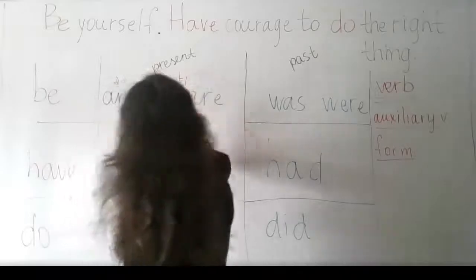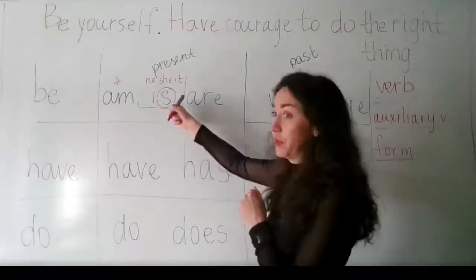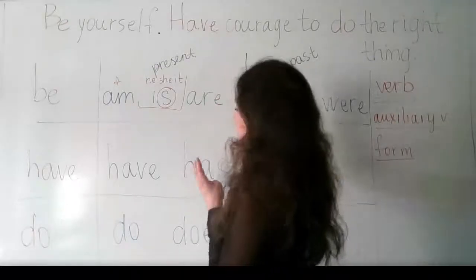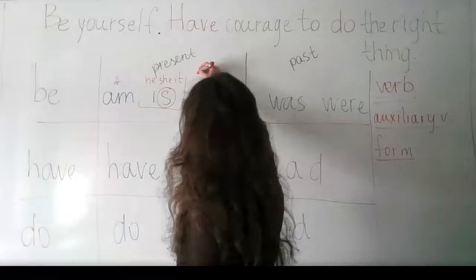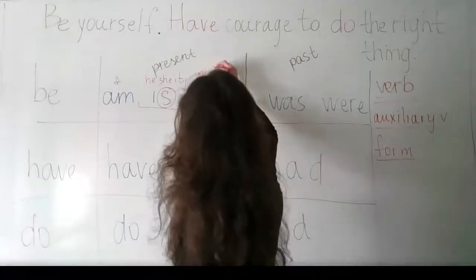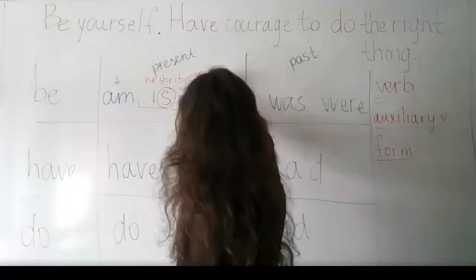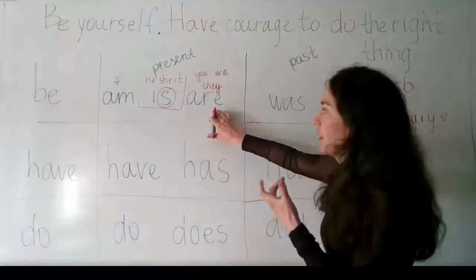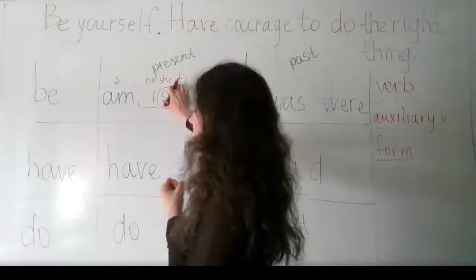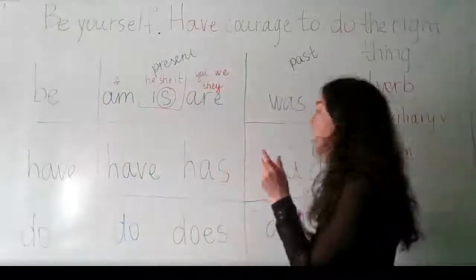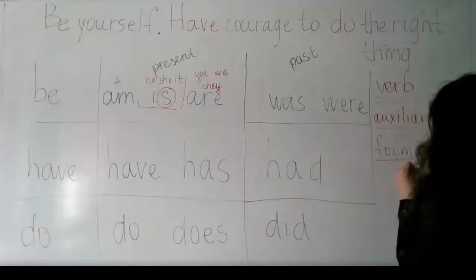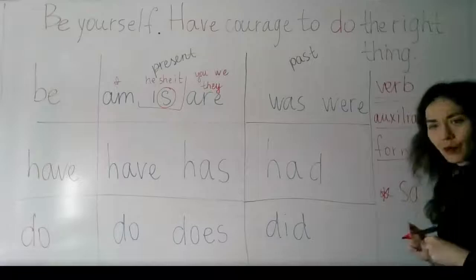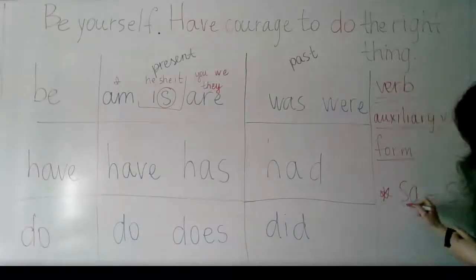I want to mark this ending S. This will be very important. And then we have all other pronouns that we use in: you, we, they, like plural. So in fact, the he, she, it, we can say with one word, singular. And maybe you've heard me saying singular S. What do I mean by saying that?